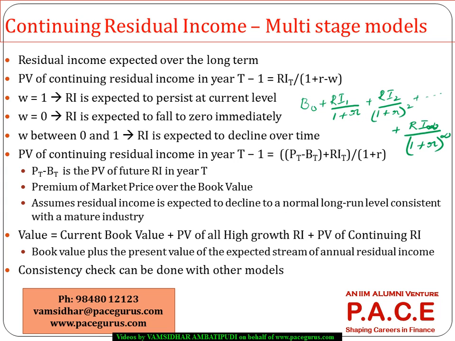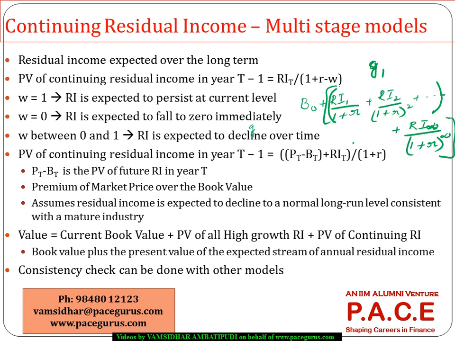Now, in this, when I say single stage model, right from this year to this year, there is a constant growth rate of G. But when I am talking about a multi-stage model, just like in a dividend discounting case or in some other free cash flow discounting case, from here to some period there is going to be a supernormal growth rate G1, and from there onwards there is going to be a constant growth rate.